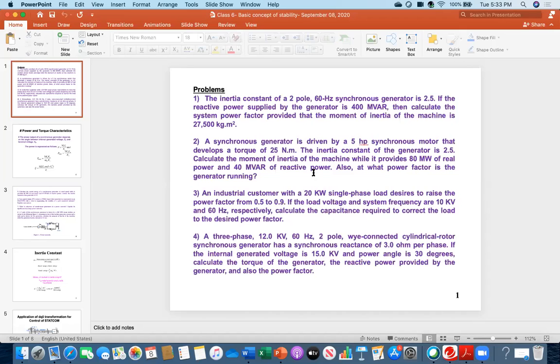When I was doing it, I got 20,101.16. Although it is nearby, it looks like an 11 kg meter square difference. And I got power factor 0.894. Yes. Okay.